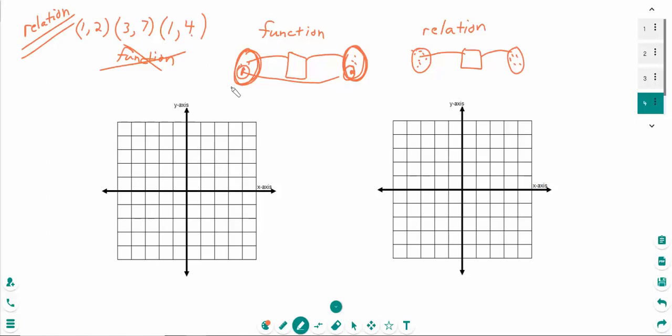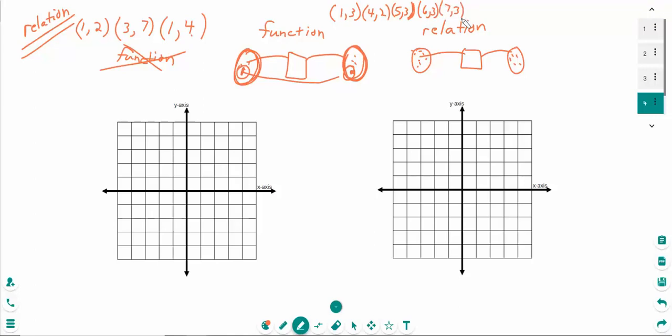All right, in a function, every input can only have one output. Okay, now different inputs can share the same output. For example, if I have a 1 that gets me a 3 and a 4 that gets me a 2, and then I also have a 5 that gets me a 3, and maybe a 6 gets me a 3, and maybe a 7 gets me a 3.